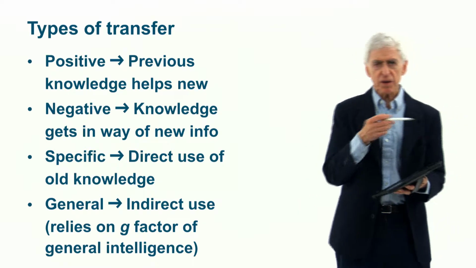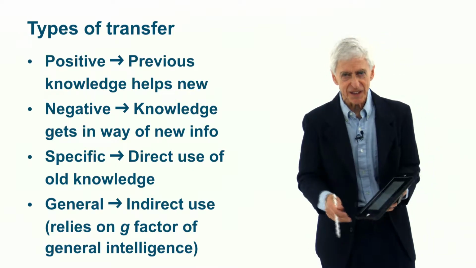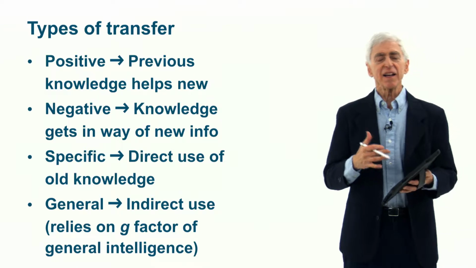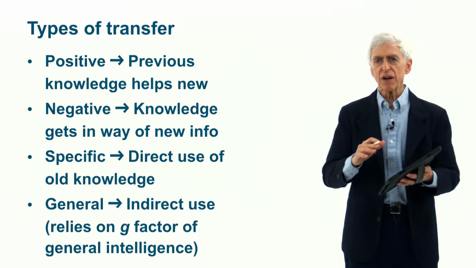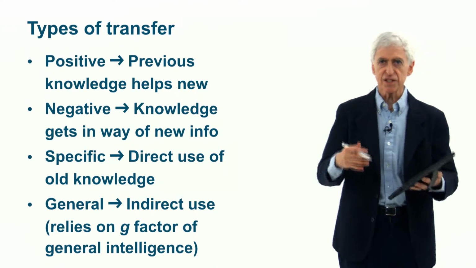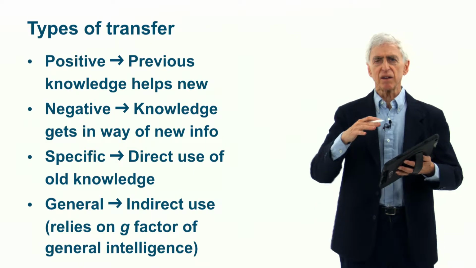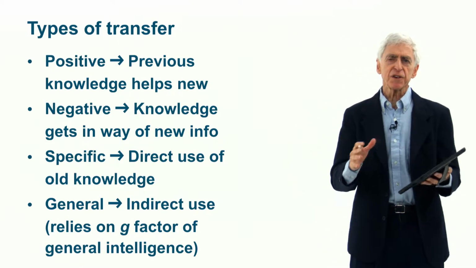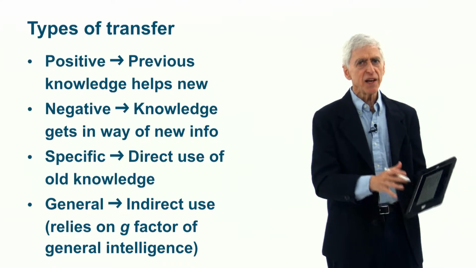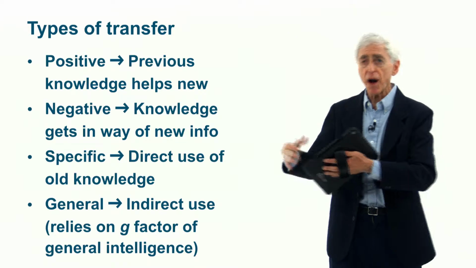Now, you'll notice here I have this thing that says relies on G factor of general intelligence. In the cognitive perspective, there's this idea of general intelligence, the G factor. It's sort of a convention that people use to talk about how, if you're generally this smart, then generally you can do this much transfer or this much problem solving.